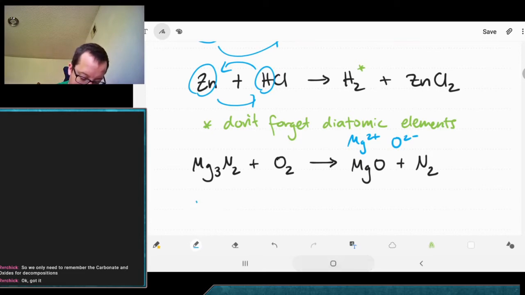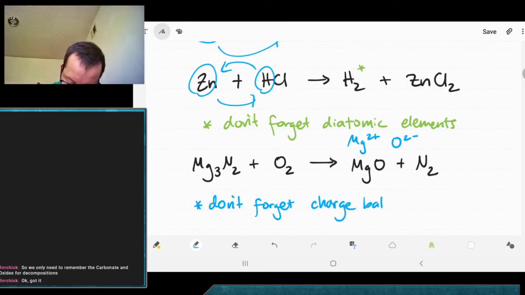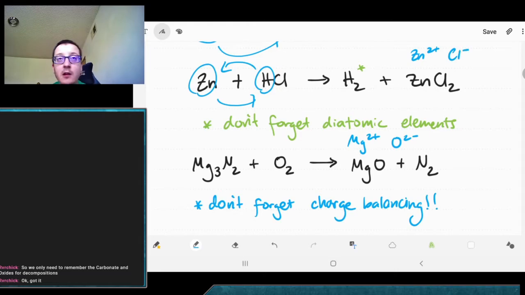So, another don't forget: we can't forget our charge balancing. So notice we have to remember that zinc forms a 2 plus ion, chloride forms a minus 1 ion. So we can't forget that, right?